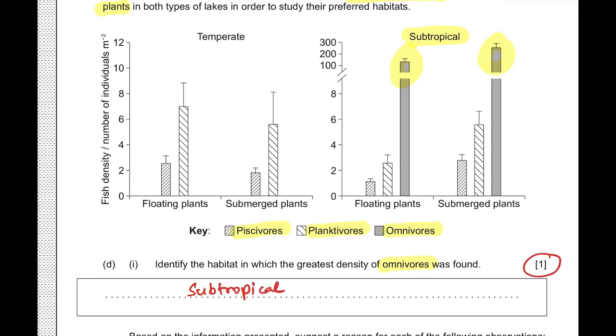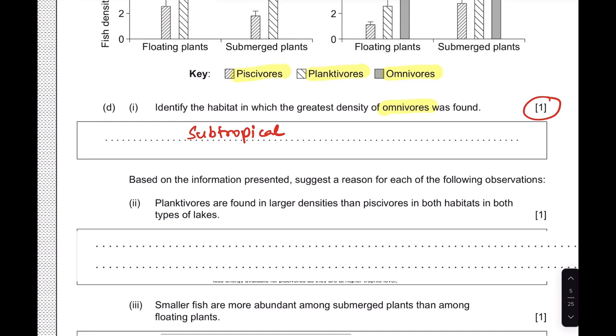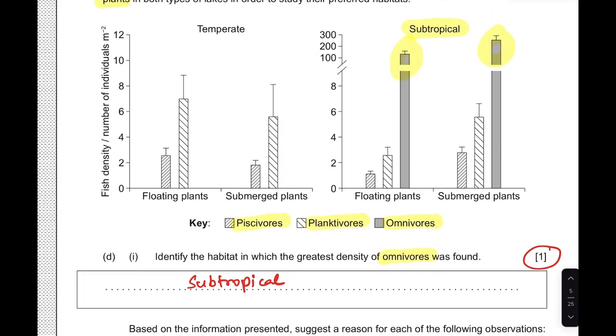1 mark, good enough. Based on the information presented, suggest a reason for the following. Planktivores are found in larger density than piscivores in both habitats, in both types of lakes. So we can see, yes, this is more than this, and here also, this is more than this.